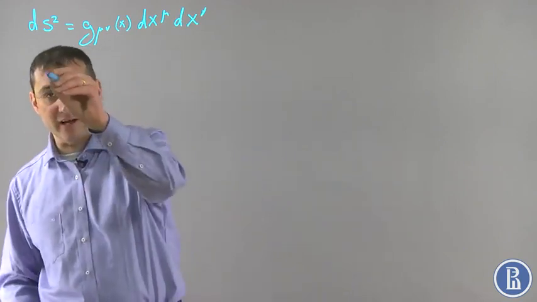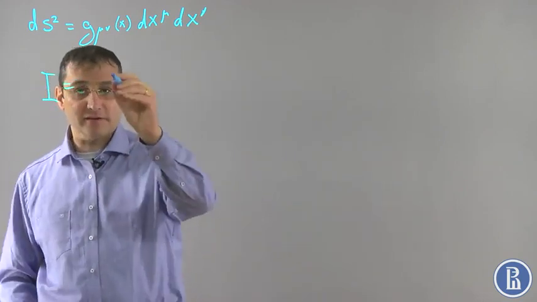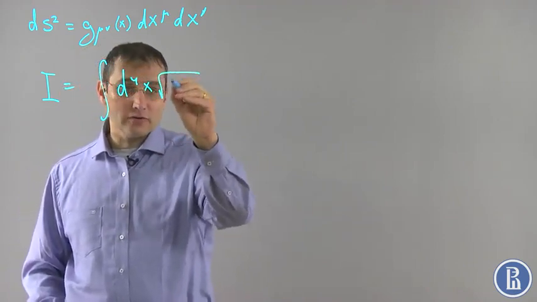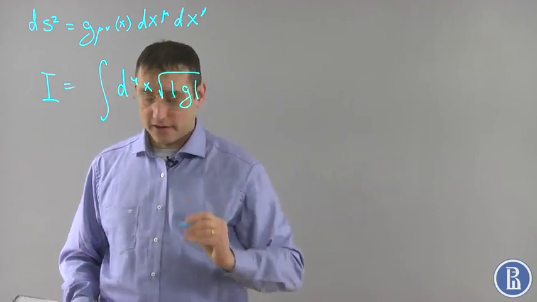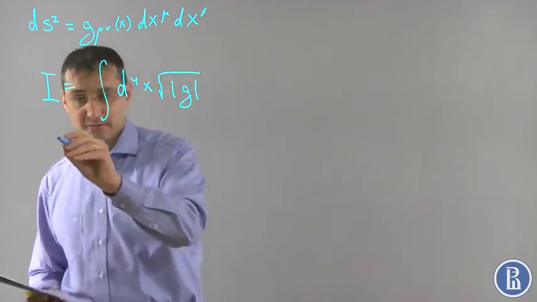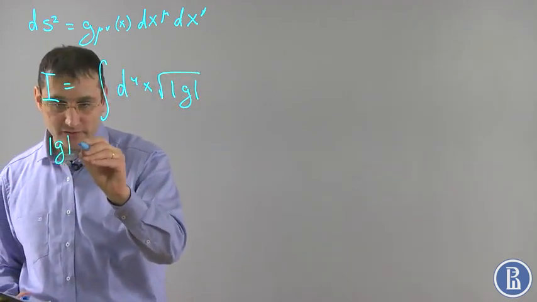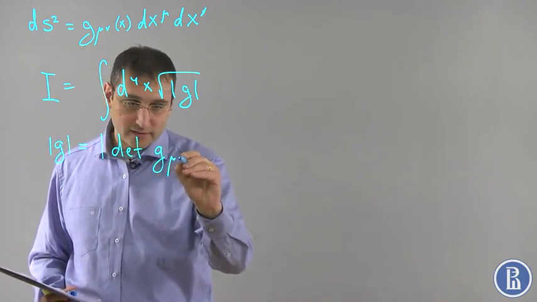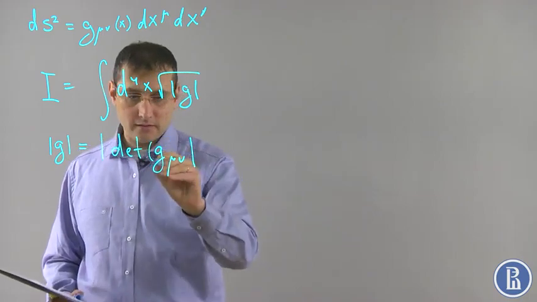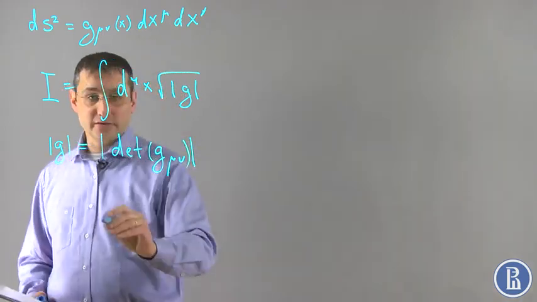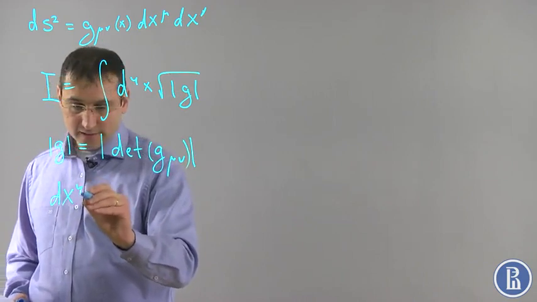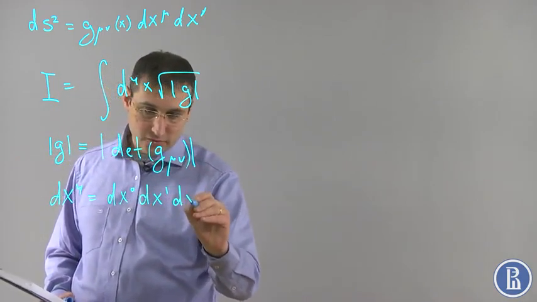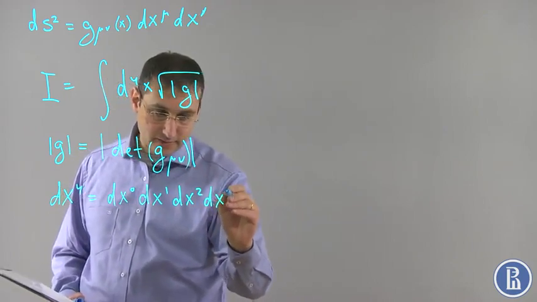So the simplest invariant that one can write in these circumstances is the integral of d^4x square root of the modulus of g, where, let me define the notation, the modulus of g is the modulus of the determinant of the metric tensor, and d^4x is just dx0 dx1 dx2 dx3.